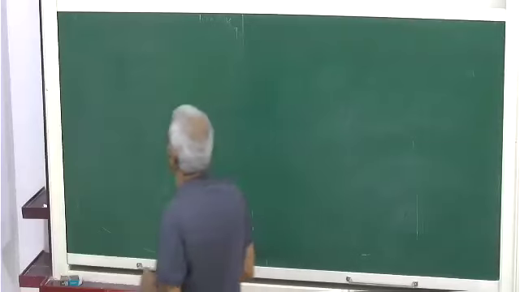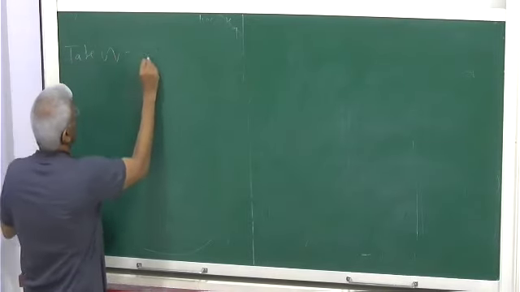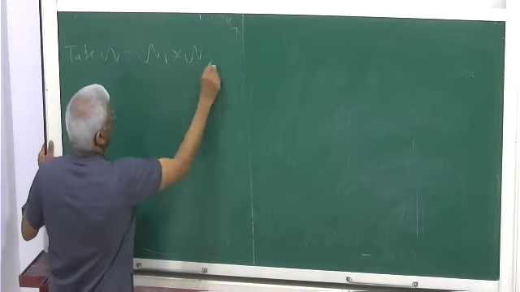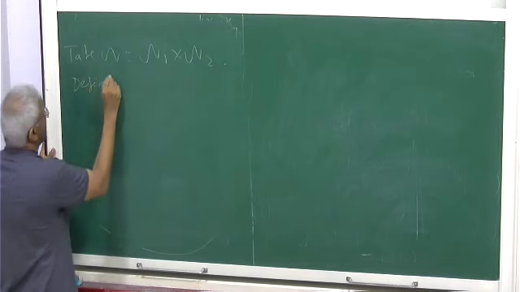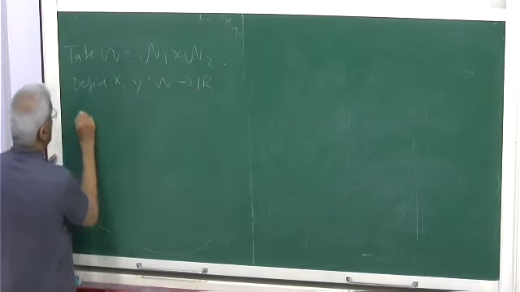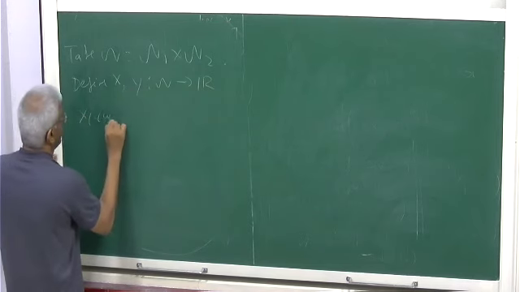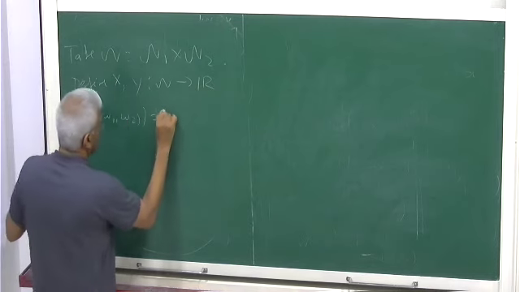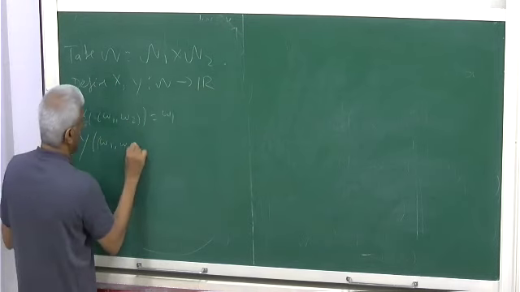Now it's clear what to do. Take omega equal to omega 1 cross omega 2. Define X, Y from omega to R by X of (omega 1, omega 2) is just omega 1, and Y of (omega 1, omega 2) is just omega 2.